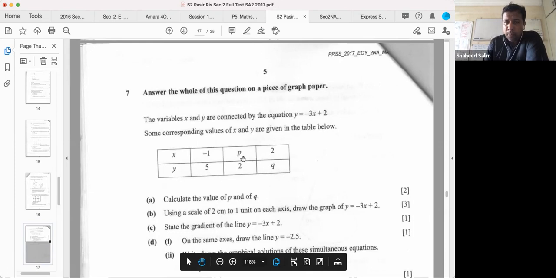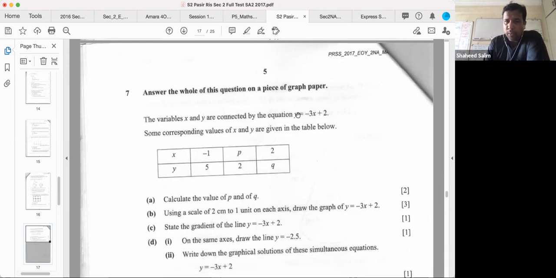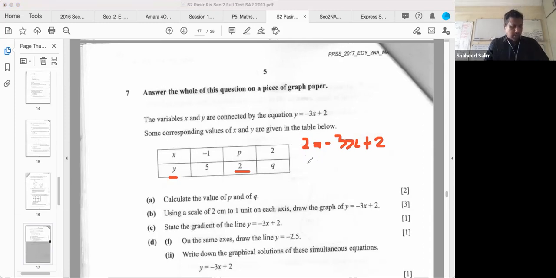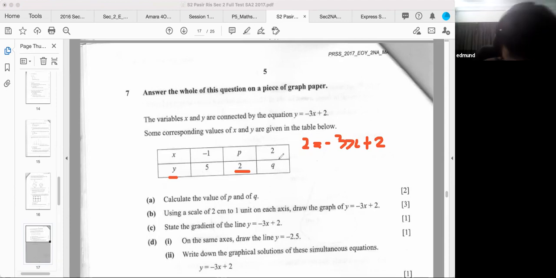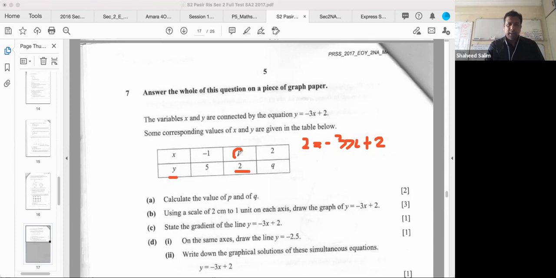So you want to find P, you put in what Y is. So Y is 2. You can see Y is 2 here, right? So now you write the equation like that, and then you find out the value of P. You get negative 3x equals to 0. Yeah, correct. So x equals to 0, right? So the answer down here, P is 0.